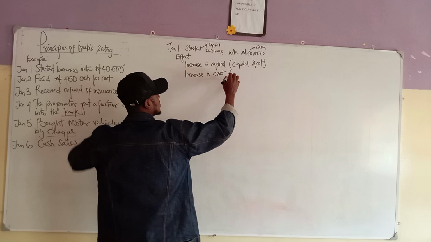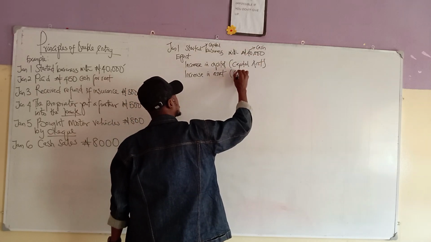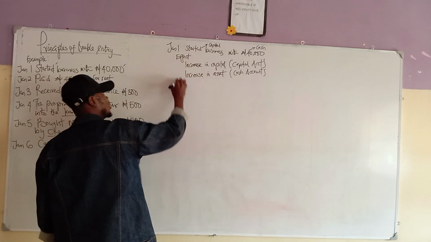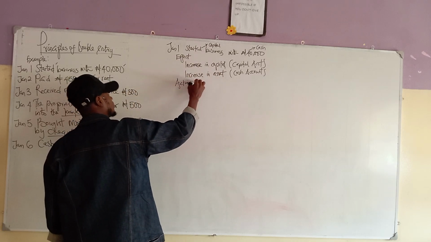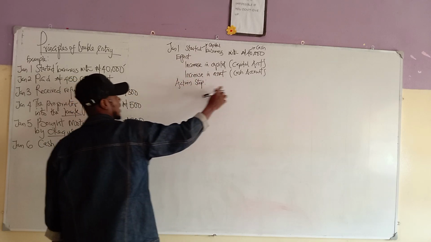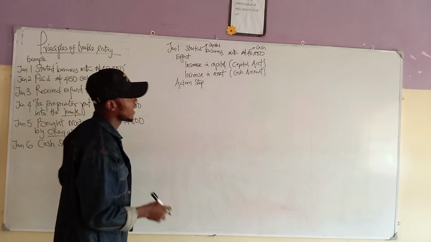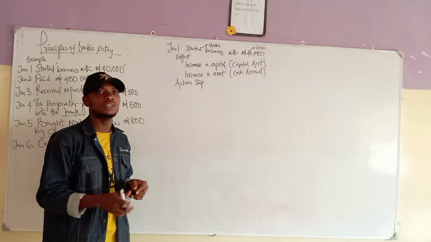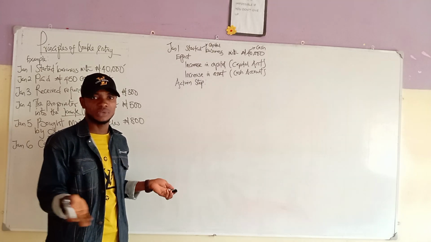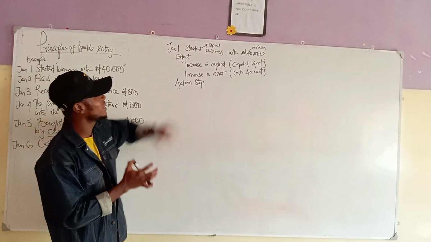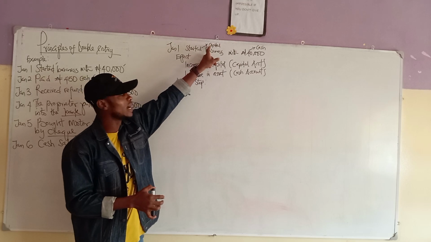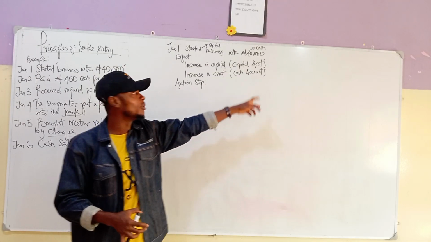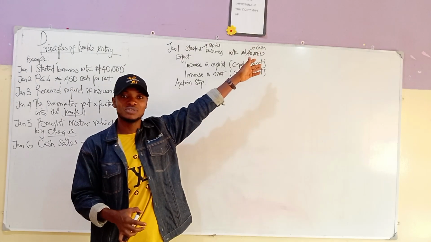Now under our assets, which account are we opening? Cash account. Now what are the action steps that we need to take when opening the two accounts, capital account and cash account? Looking at this transaction, another thing we need to understand is who is the giver and who is the receiver. If you say started business with, capital is the one giving the money out, and the cash account is the one receiving the money.